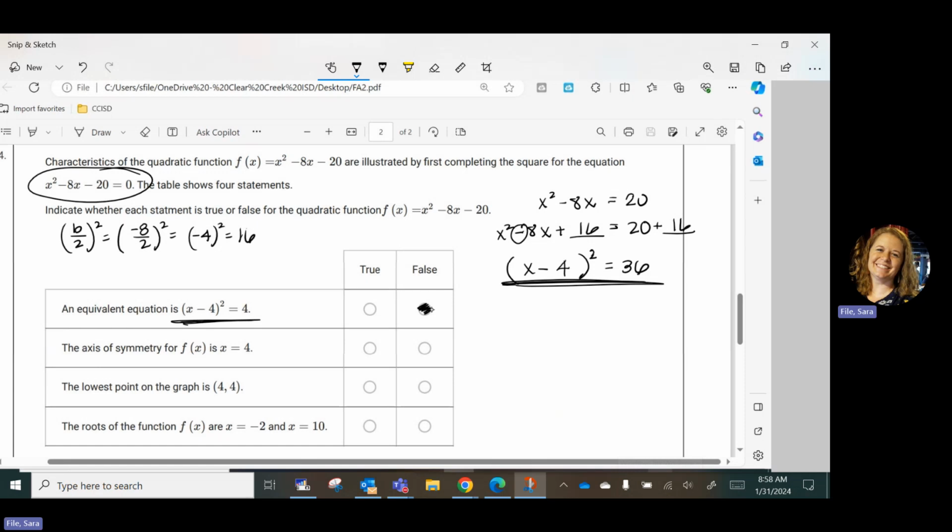Okay. Now, these others are harder to answer just based on the completing the square. We could take the square root of both sides and finish solving for x to see what the roots are. And you would see that this is true. This comes out having those roots. If I take the square root of both sides, don't forget my plus or minus.